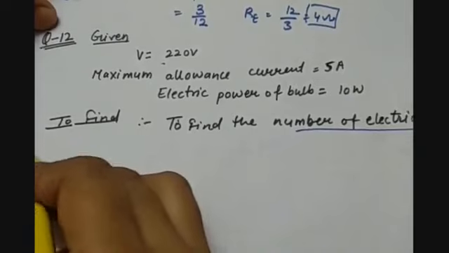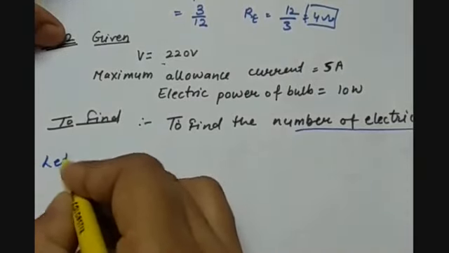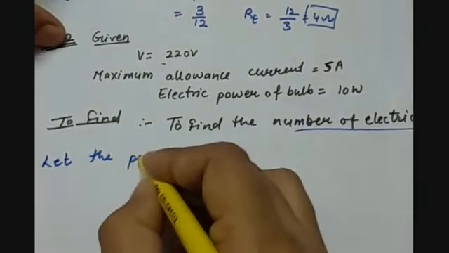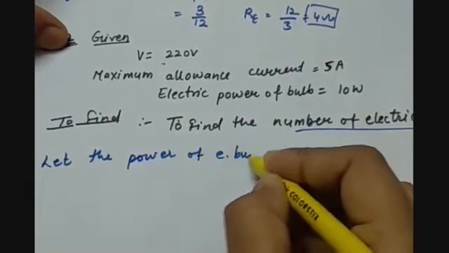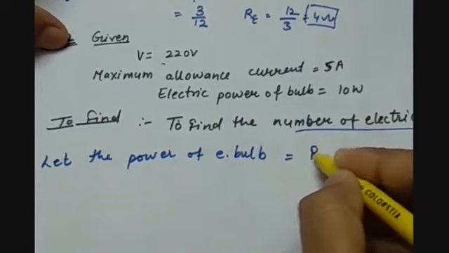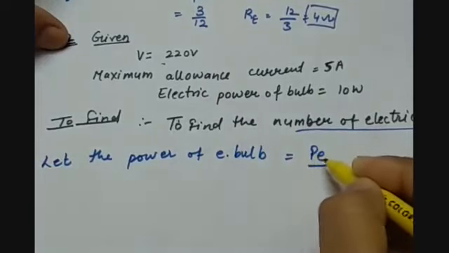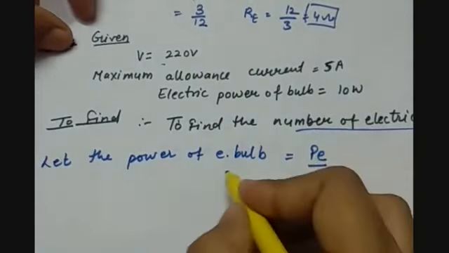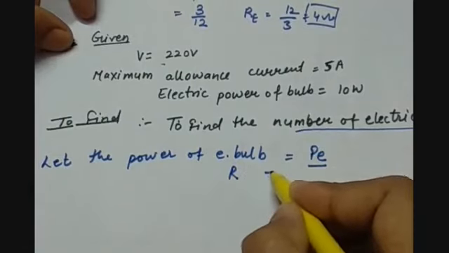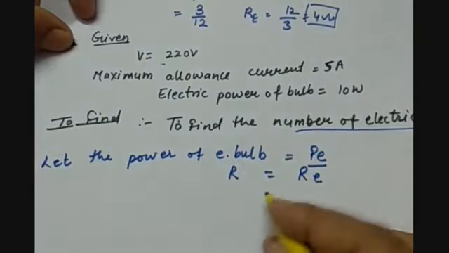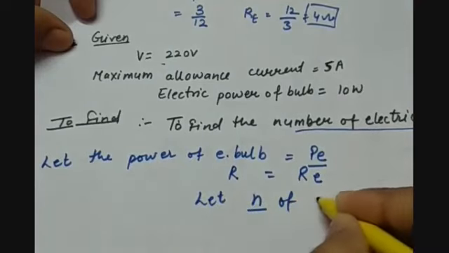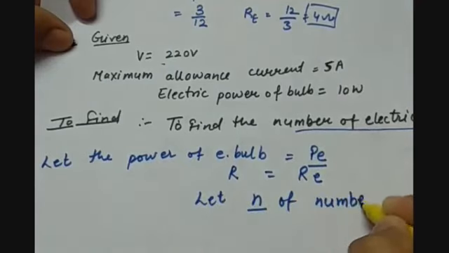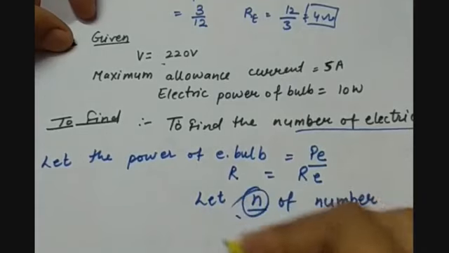So let the power of electric bulb be PE, power electric bulb. Let the resistance of electric bulb be RE. Let N number of bulbs be required. So we have to find the N finally.